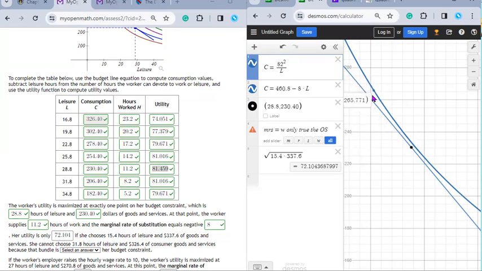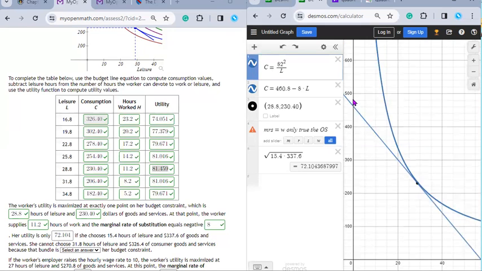We can't afford any of these consumption bundles. So the highest amount of utility she can get with this budget constraint is 81.459. Now, when leisure is 15.4 and consumption is $337.60, her utility is 72.104.